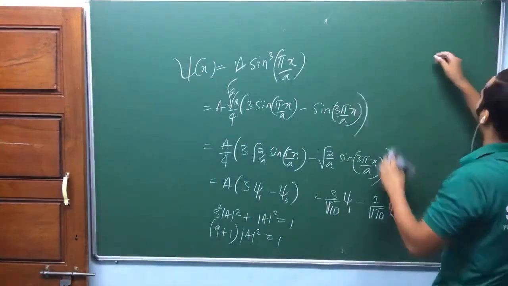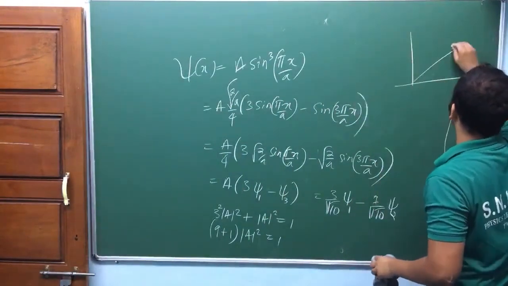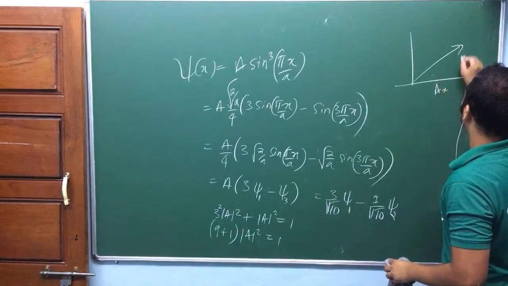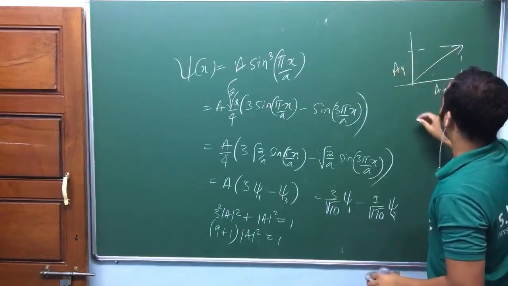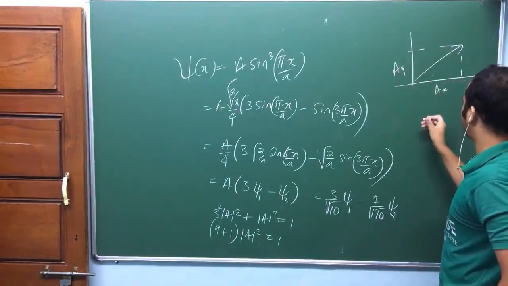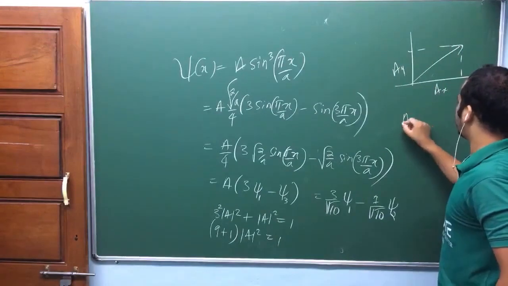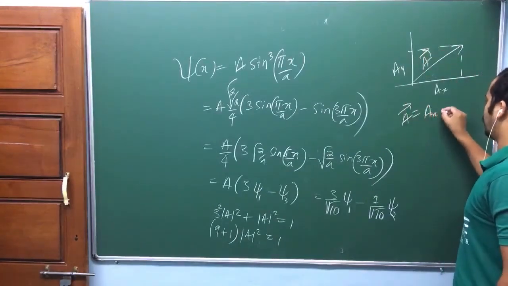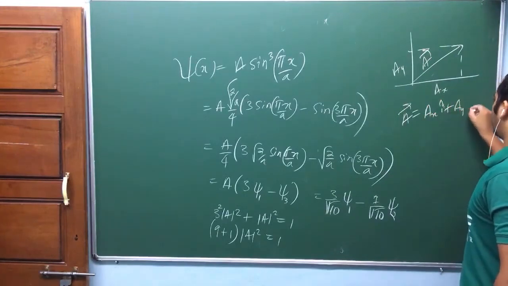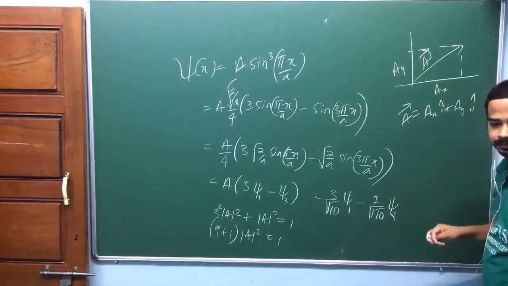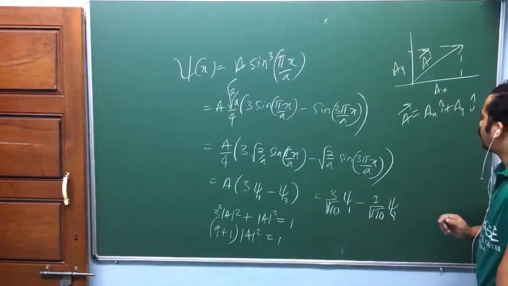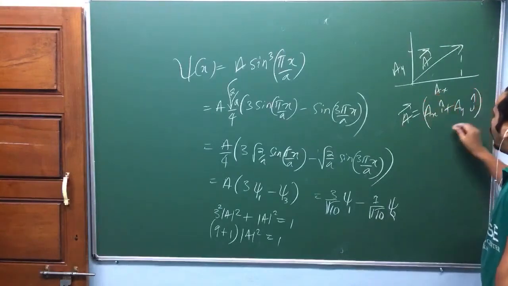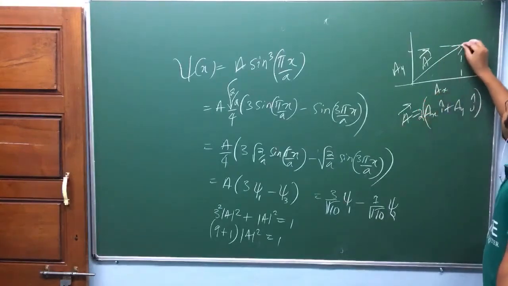Look at here. You have a vector here, ax, ay. Again, your vector A is written like this. Grab this idea very carefully. Ax i cap plus ay j cap, isn't it? Now, if you multiply this whole thing by 2, vector length will be doubled.